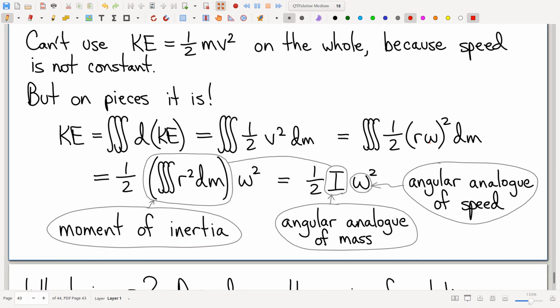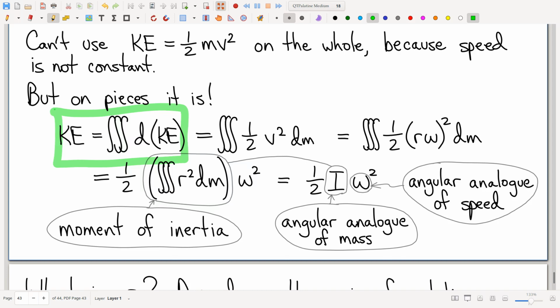In fact, let me just come down here like this. I'm going to say, look, I've got this great big solid thing, and kinetic energy has the feature that the whole is the sum of the parts. Is that good? Okay. So I've got this, again, large object.